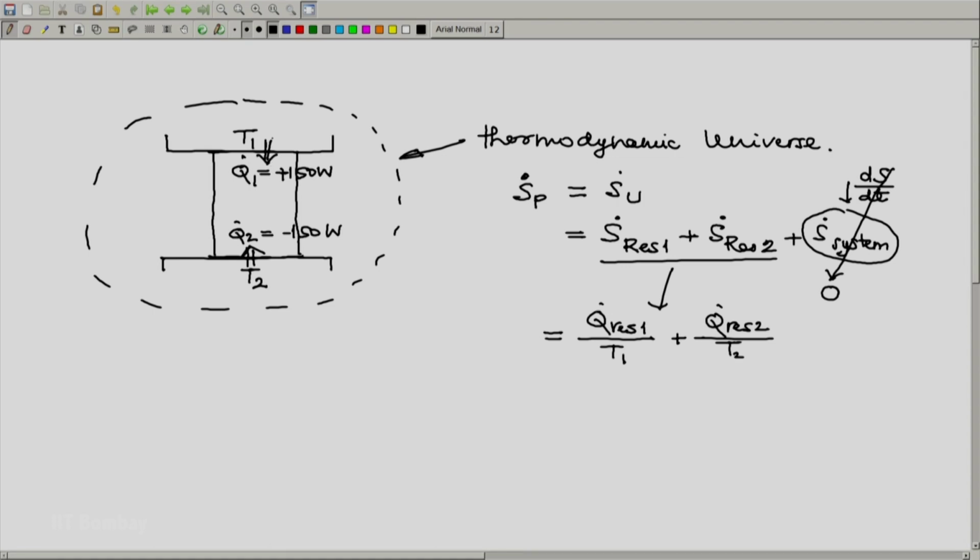So, what is absorbed by the reservoir is minus Q dot 1. So, this would be minus Q dot 1 divided by T1, and again here you will have minus Q dot 2 by T2. Calculate this and you will find that you get the same answer as earlier.